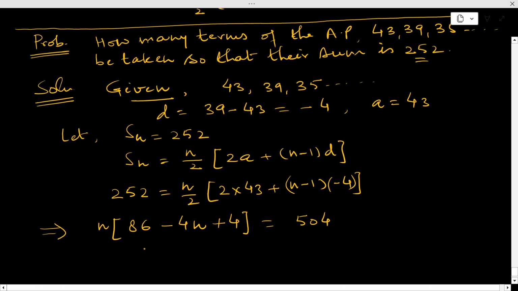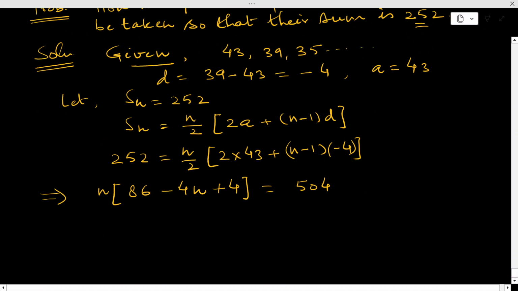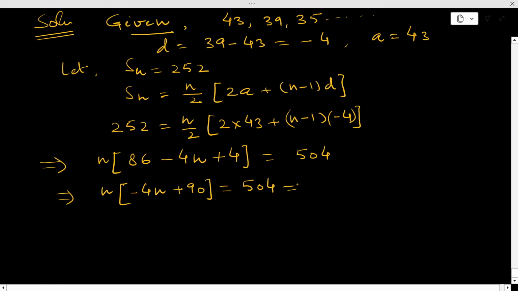Now if you multiply this bracket with n, or first we have to simplify it further, so you are having minus 4n, and 86 plus 4 is coming out as 90 is equal to 504. You can further simplify it.